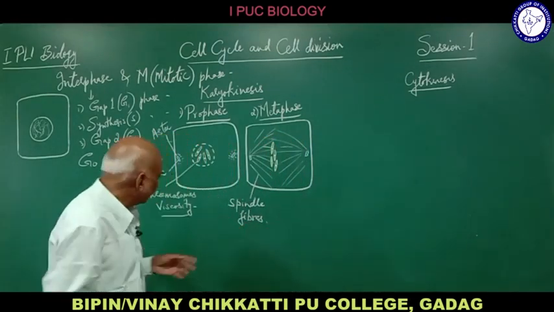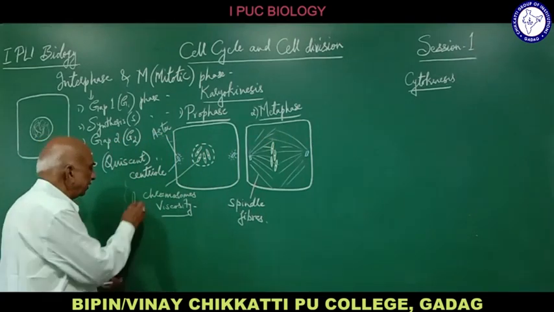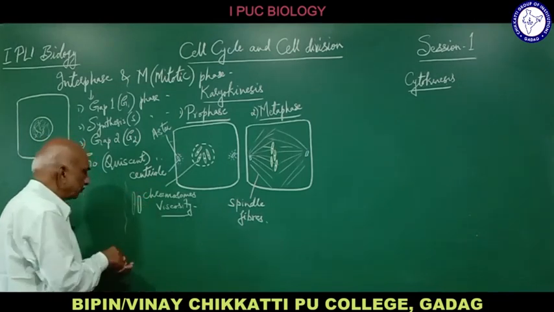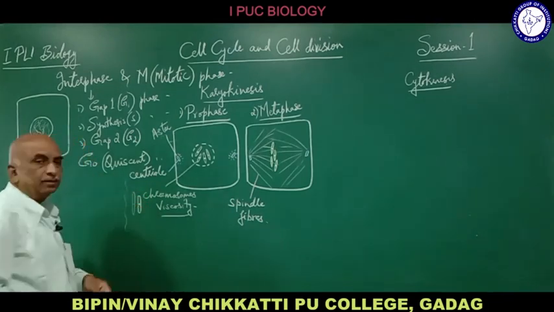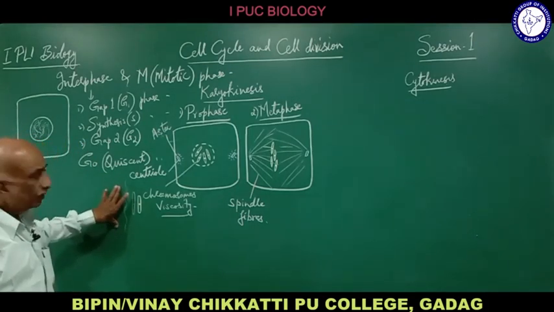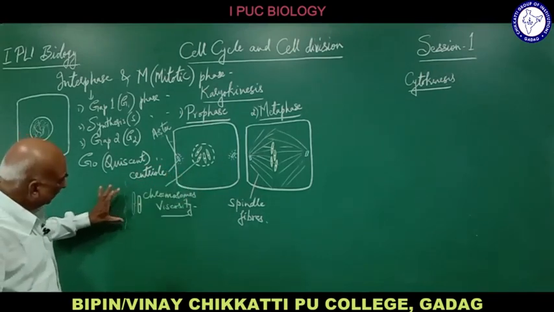The chromosomes are completely condensed. Suppose this is a chromosome. Now in the metaphase, what happens? You can see there is still more condensation of chromosomes like this. So you can see the difference here. This was the chromatin before prophase, and the chromatin becomes chromosome.